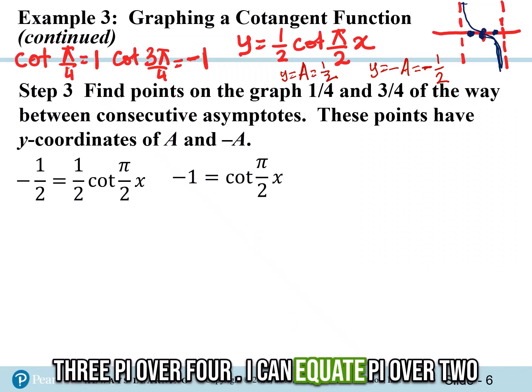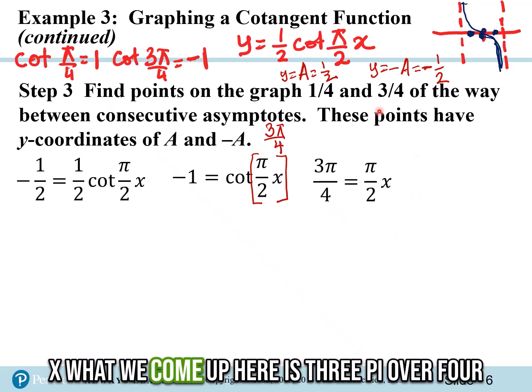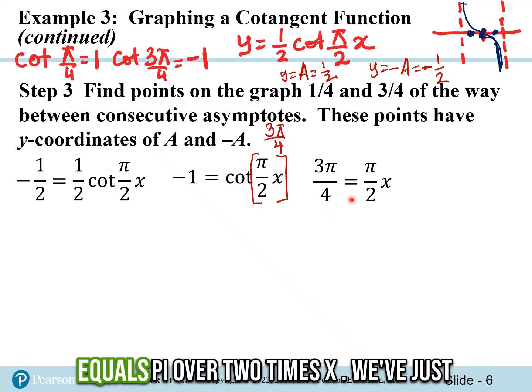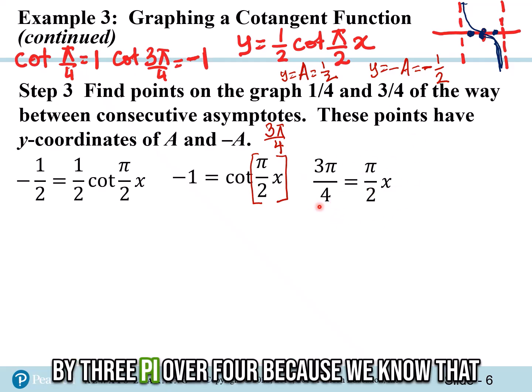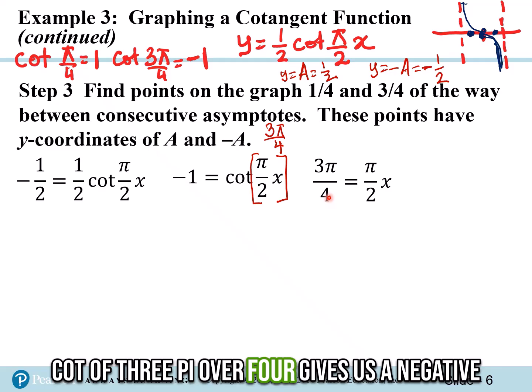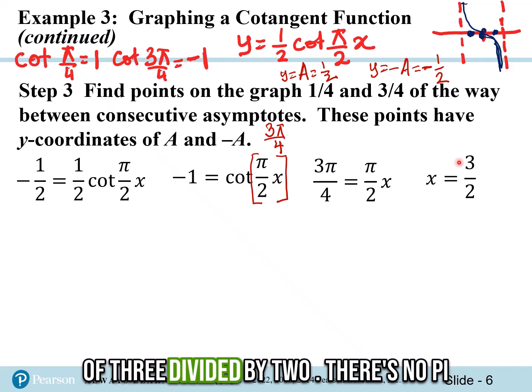I can equate pi over 2 times x with 3 pi over 4 and solve for x. What we come up with here is 3 pi over 4 equals pi over 2 times x. We've just equated this expression to 3 pi over 4 because we know that cot of 3 pi over 4 gives us -1. And when we solve for x, we get a value of 3 divided by 2.